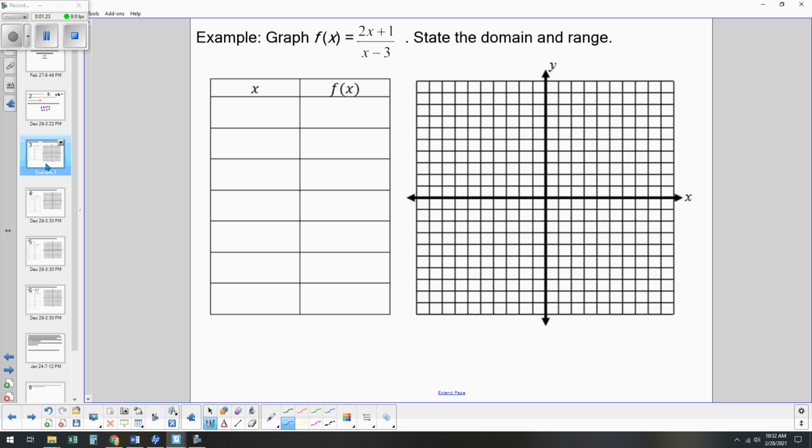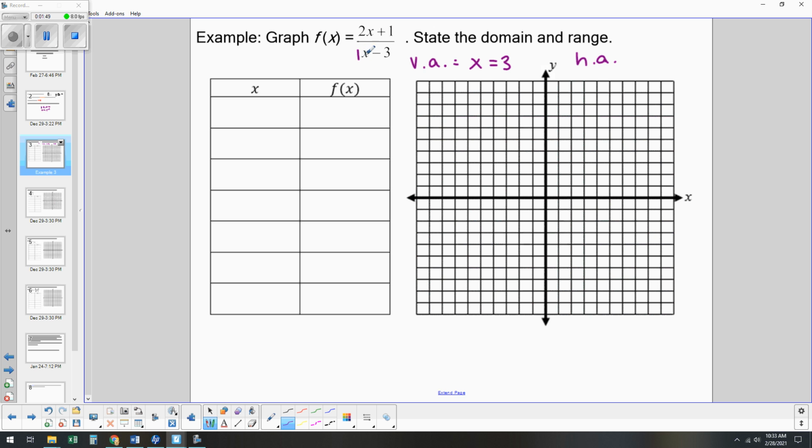We have 2x plus 1 over x minus 3. So again, I'm going to identify my vertical and horizontal asymptotes. So my vertical asymptote is what's going to make the denominator 0. So I cannot have positive 3 down there. So x is 3 is my vertical asymptote. My horizontal asymptote, I'm going to take the coefficients.